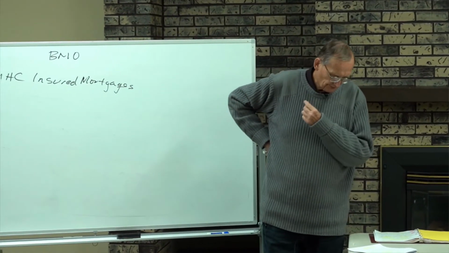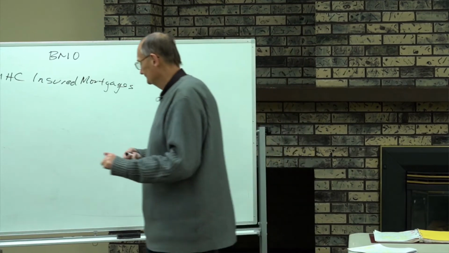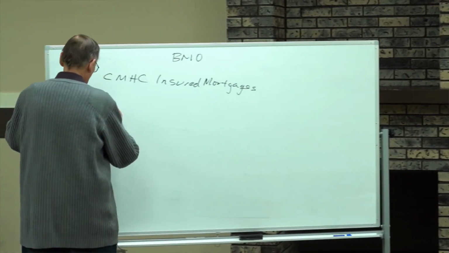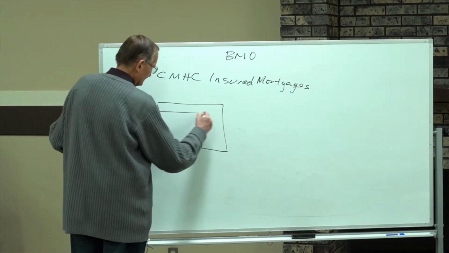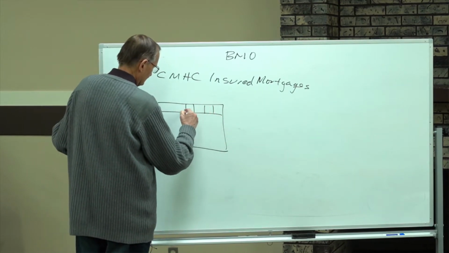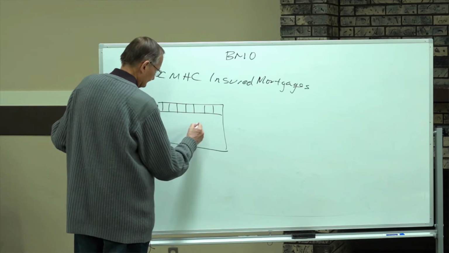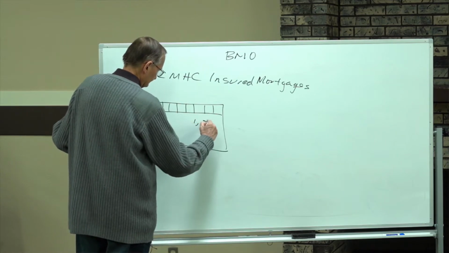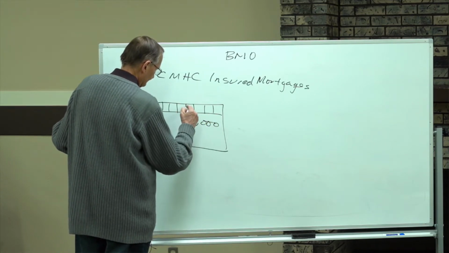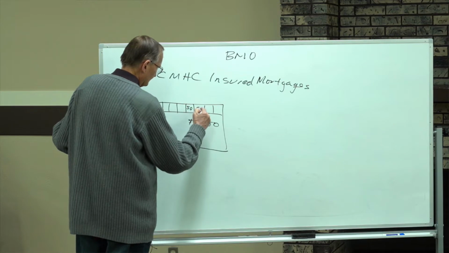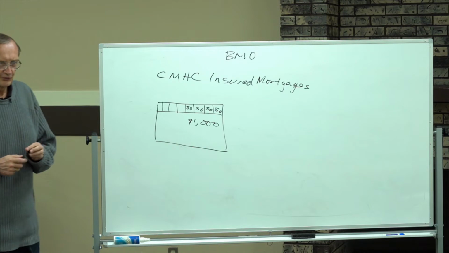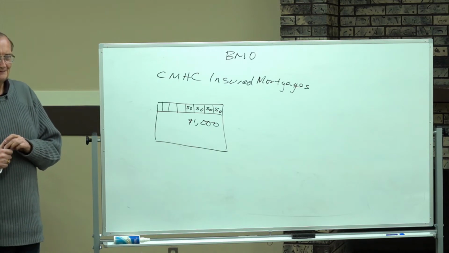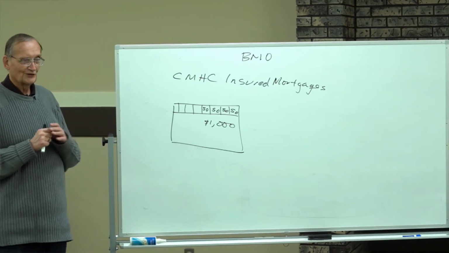A stripped bond. Now, you don't get this anymore, but I'm going to explain to you what it is. Remember that problem we did where there were $50 payments every 6 months, and the face amount was $1,000?